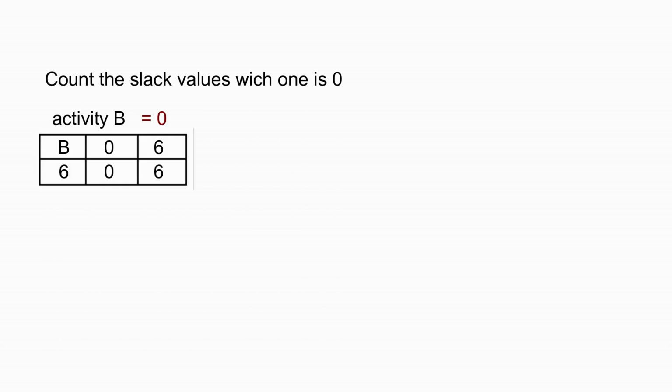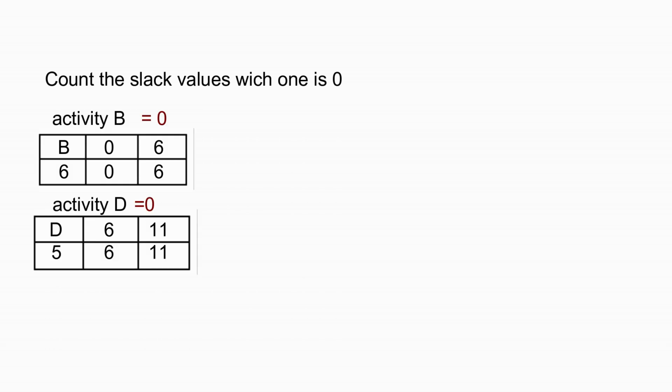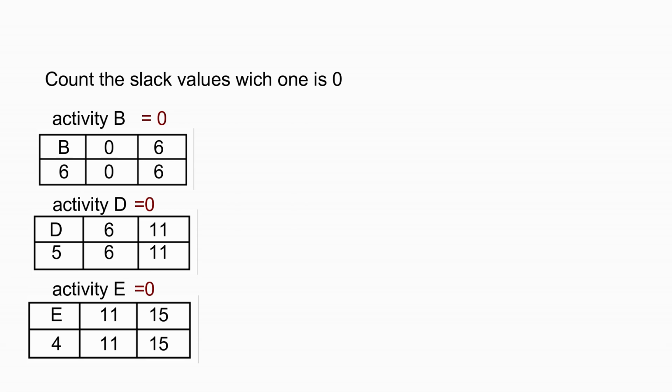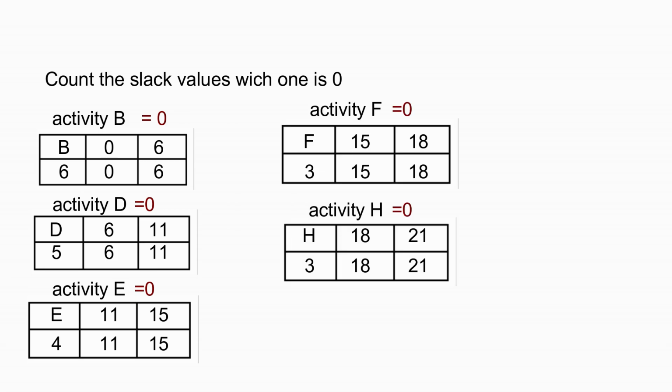The next step is to calculate the slack values for all the activities. What we found is that the slack value is 0 for activity B, activity D, activity E, activity F, and activity H. So this is the slack value.